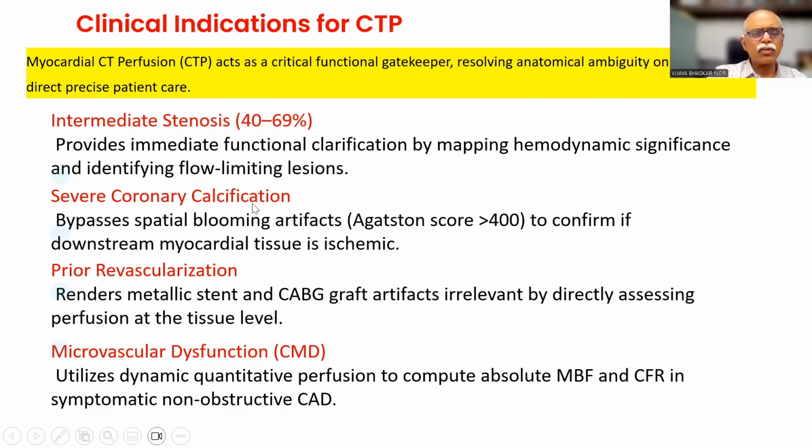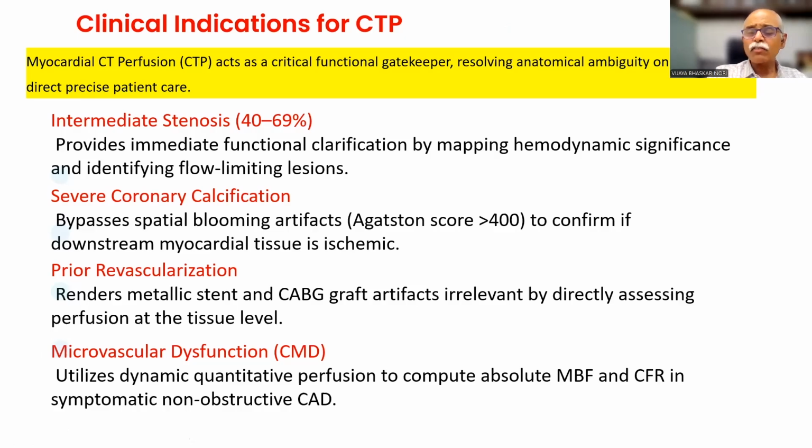Severe coronary calcification, with an Agatston score more than 400, bypasses spatial blooming artifacts to confirm if downstream myocardial tissue is ischemic. Prior revascularization, that is stents, metallic stents, bypass grafts. Whenever a patient comes to you with signs of ischemia, chest pain, post bypass and post stents, CT myocardial perfusion is a good modality to pick up a significant stenosis.